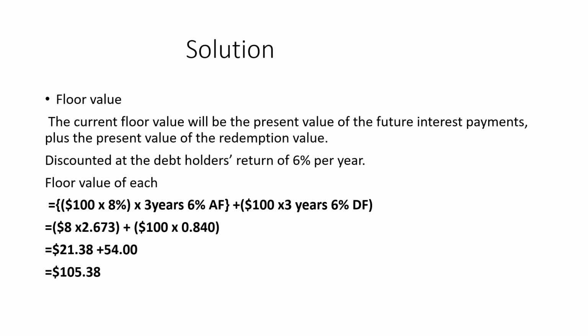And so we'll get the value 21.38. In the case of the redemption value, we will take $100 and discount it for 3 periods at the required rate of return of 6%, and we will get the value $84, and the floor value would be 105.38.